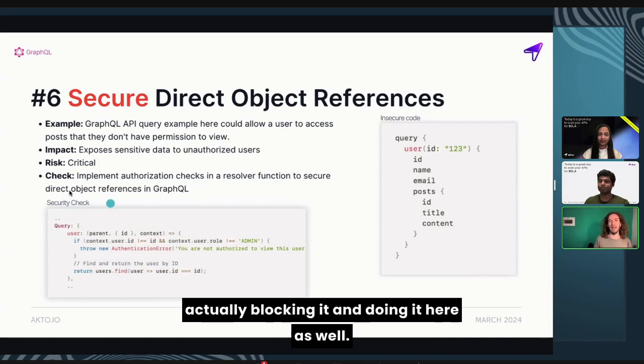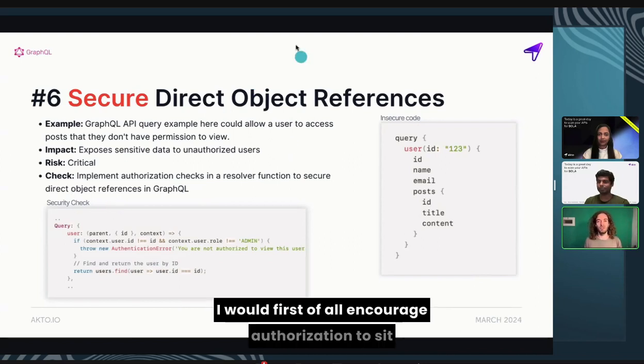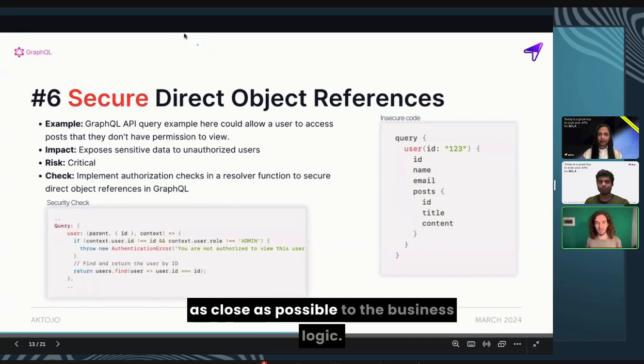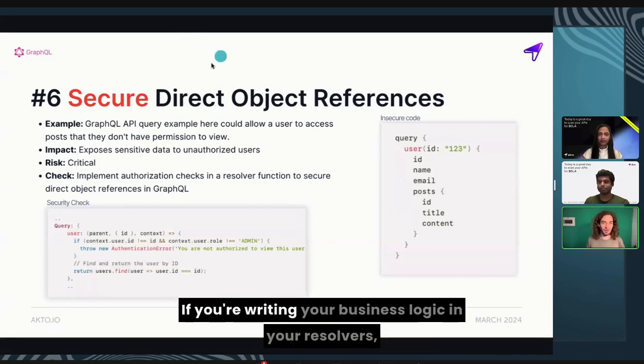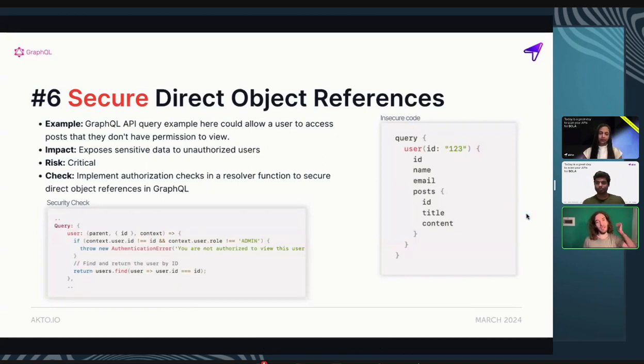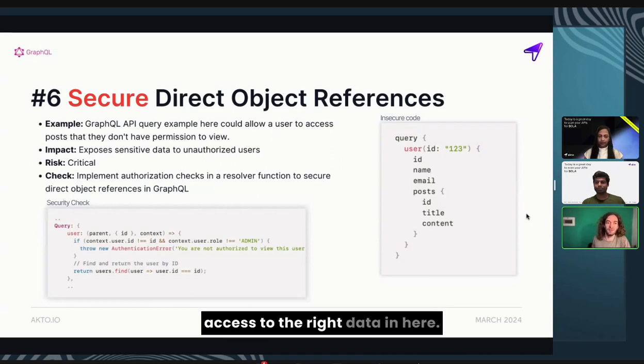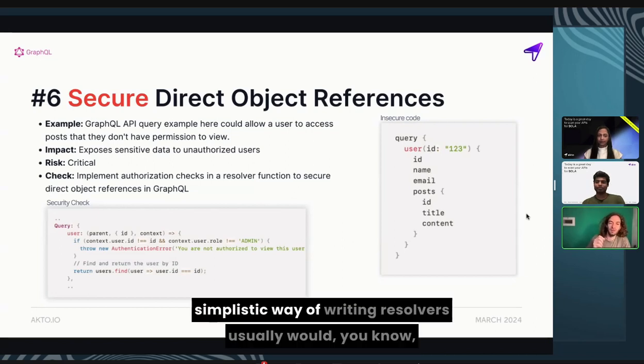So here as well, I would first of all encourage authorization to sit as close as possible to the business logic. If you're writing your business logic in your resolvers, then you make sure you have this snippet here that the user actually has access to the right data. But this is a simplistic way of writing resolvers.